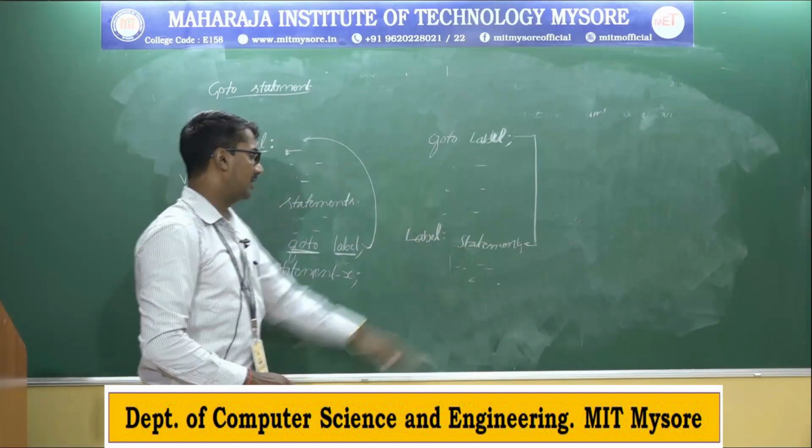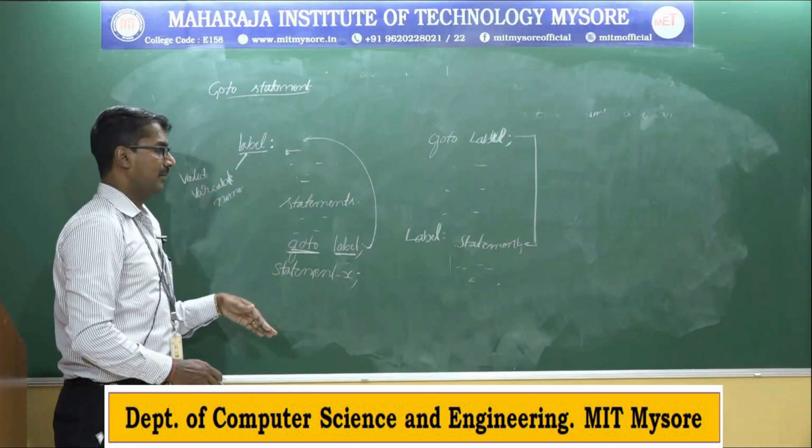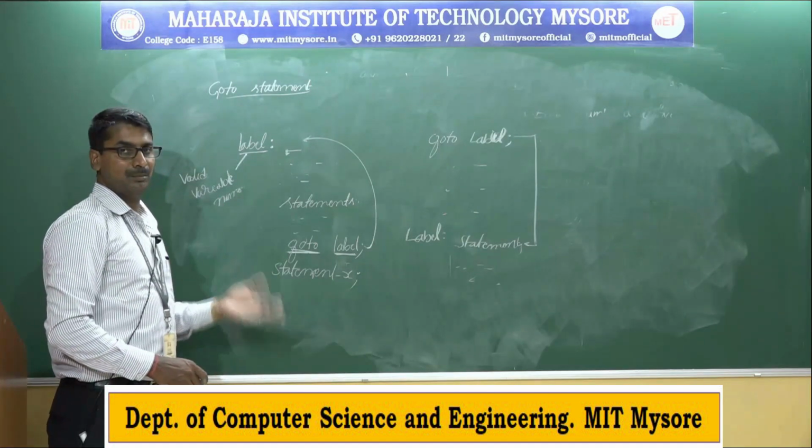That is a forward jump, and this is a backward jump. So there are two types of jump transfer: one is forward, the other one is backward.